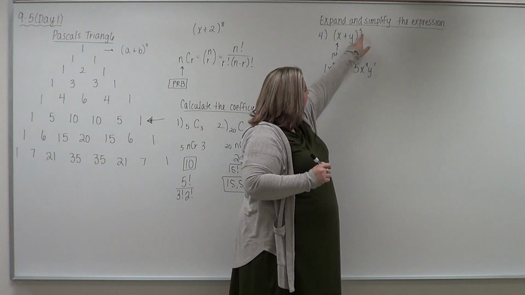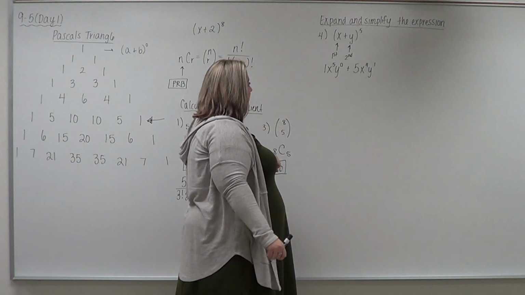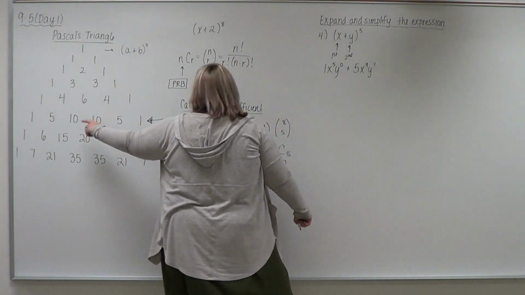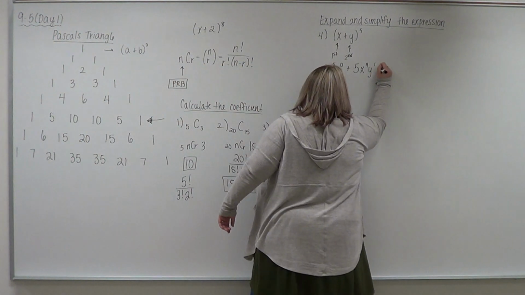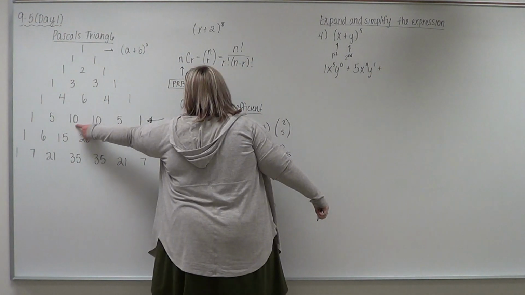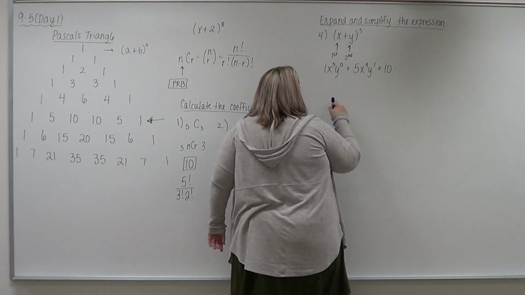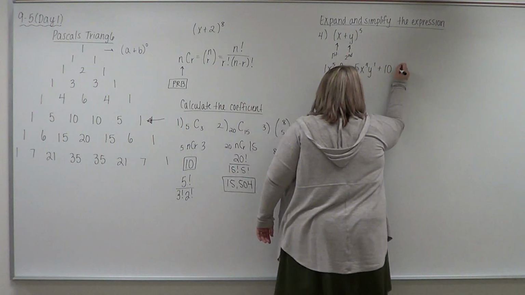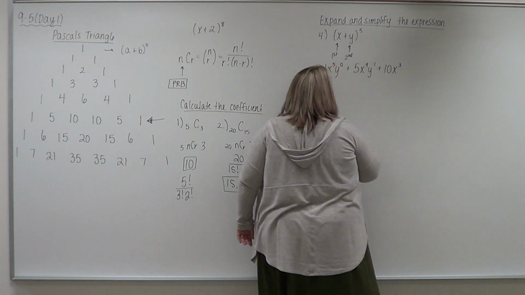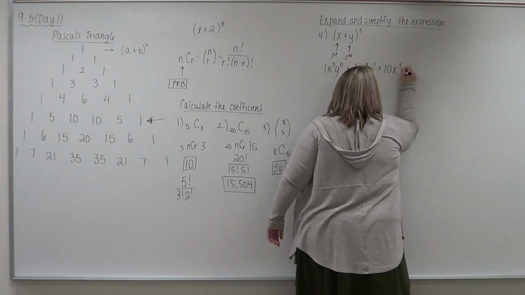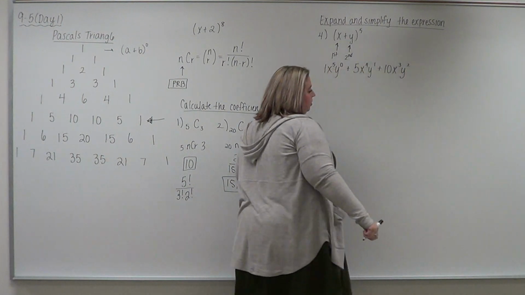Exponents still add together to get 5. Then I do plus, and find my next coefficient, which is 10. I take my first term down a power, so that's x to the 3rd, and my second term up a power, which is y squared.